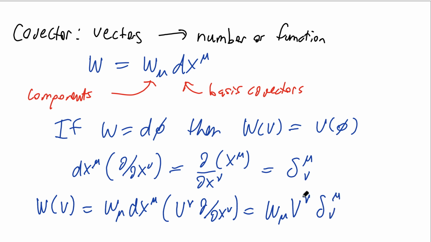And in the sum over the index nu, every term is 0 unless nu is equal to mu. So this is equal to W mu V mu. We can see from this result that the action of a covector acting on a vector can be expressed in terms of the components of the covector and the vector by simply wiring the indices together like this.